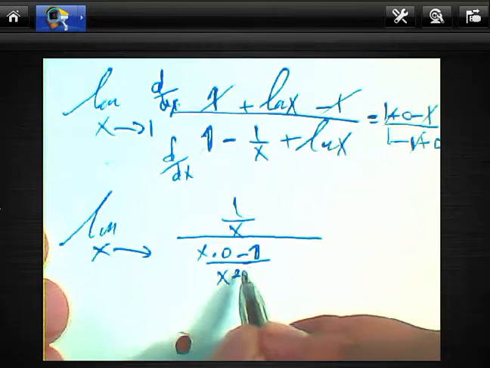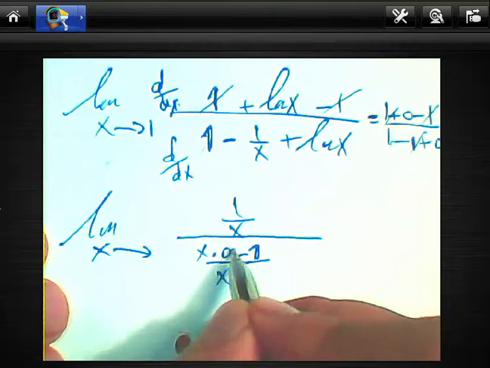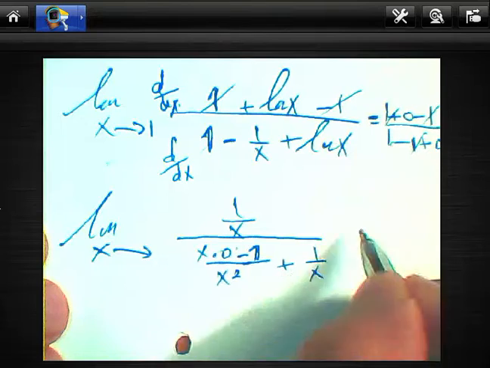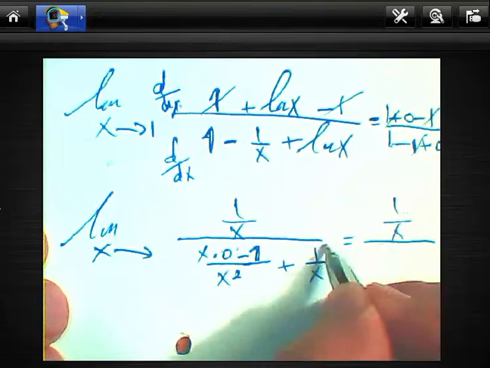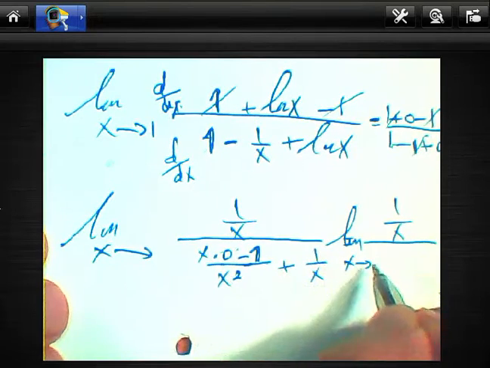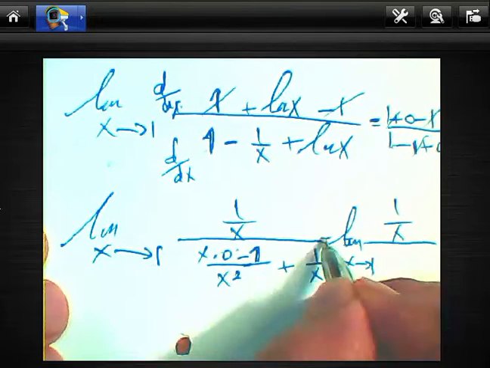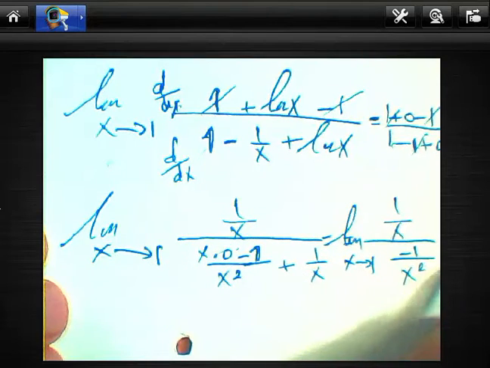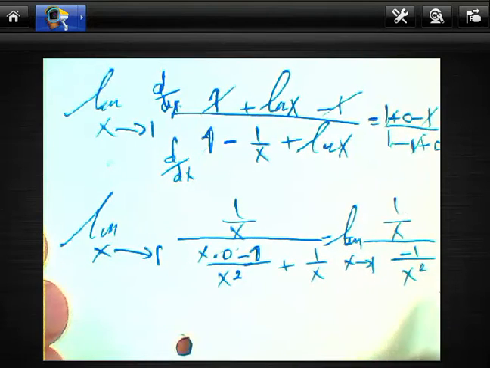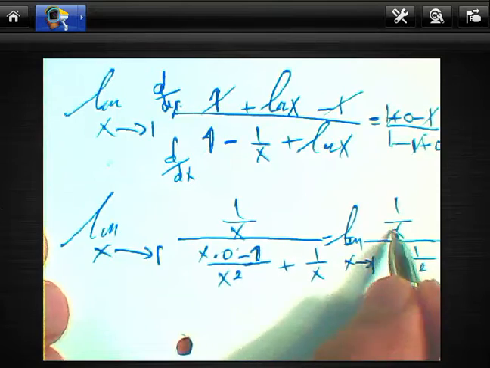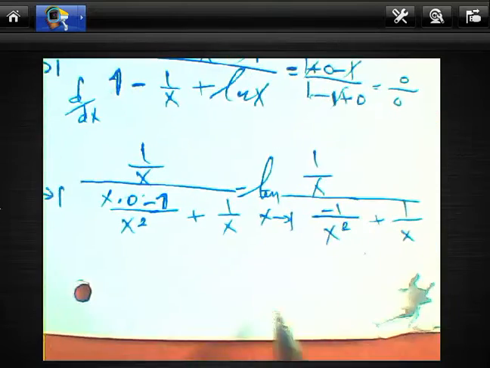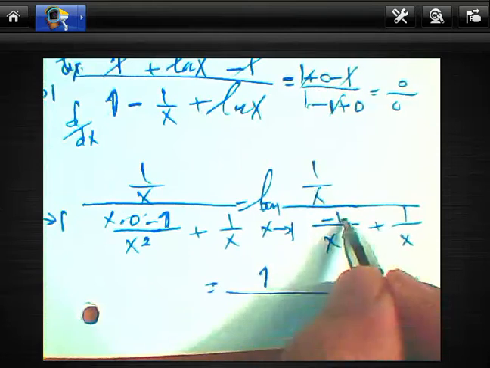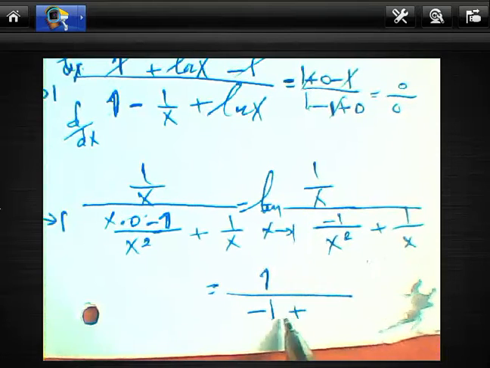So the result will be negative 1 over x squared, because 0 multiplied by x equals 0, plus the derivative of ln of x equals 1 over x. So when x approaches 1, we have 1 over x over negative 1 over x squared plus 1 over x, and then we can put 1 in the numerator and denominator. So the result will be 1 over 1 equals 1, negative 1 over 1, negative 1, plus 1 over 1 equals 1.